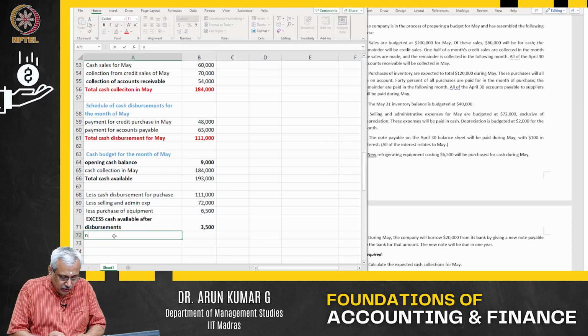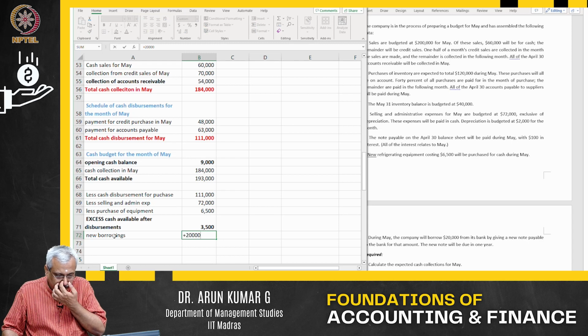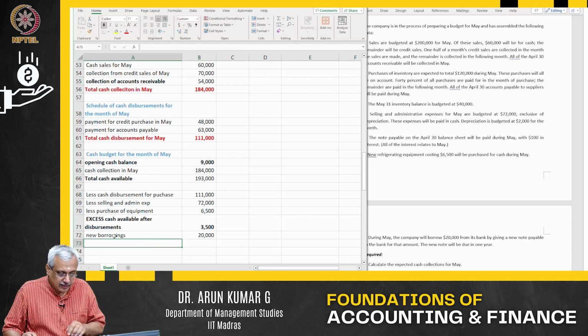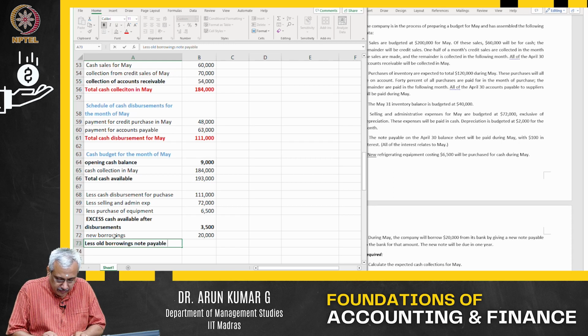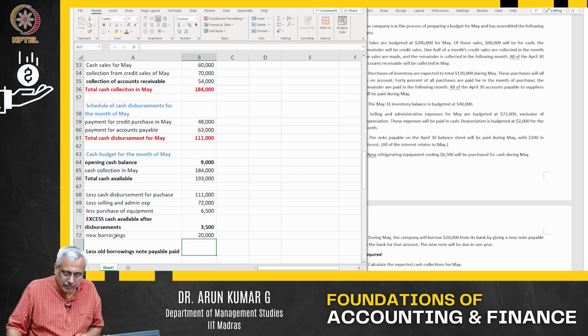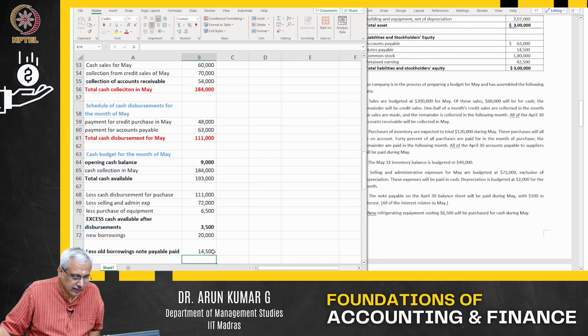So, I would say new borrowings of 20,000, minus old borrowings or note payable paid. What is it? 14,500. That is what, if I remember right, 14,500.